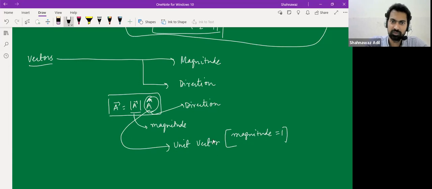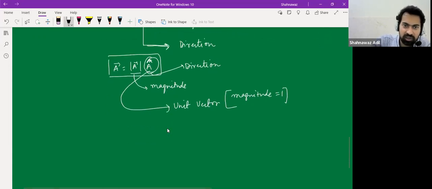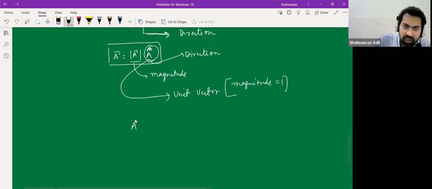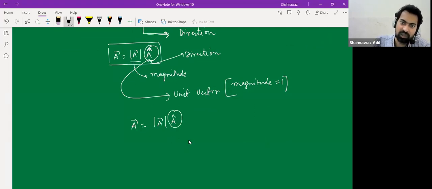Can you explain the unit vector again? Yeah. So you have these two parts of a vector, right? Magnitude and direction. A vector can be represented by this magnitude, and this unit vector only shows the direction. Because if it had some magnitude, there would be two magnitudes, right?